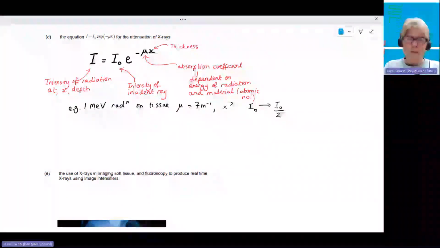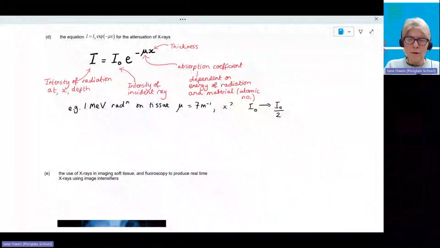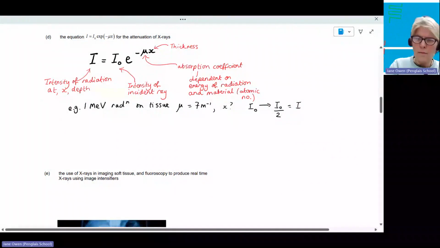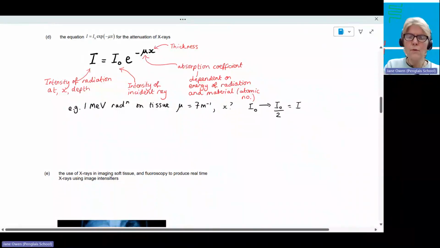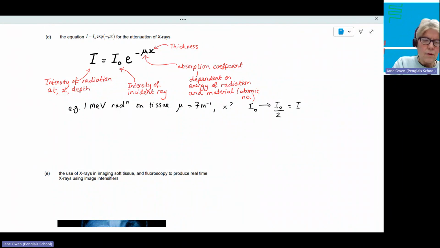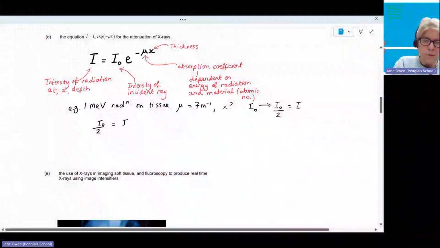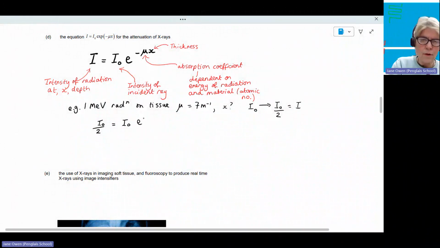So we don't actually have to know what the original intensity is, because we can express one in terms of the other. So I0 over 2 equals I0 substituted into that logarithmic equation, e to the minus mu x, and then the I0 will cancel.